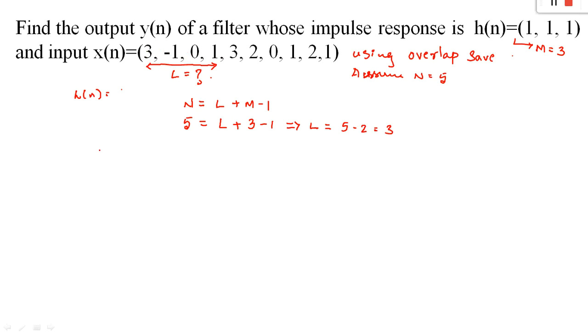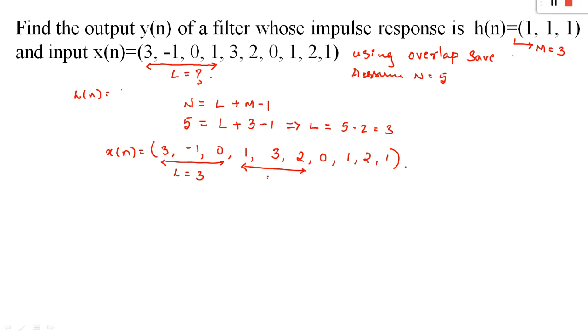That's it. So x of n is going to be divided in such a way that x of n is equal to 3 minus 1 0 1 3 2 0 1 2 1. Now I need to divide this into blocks of L. By calculation method, I got to know the L should be equal to 3.